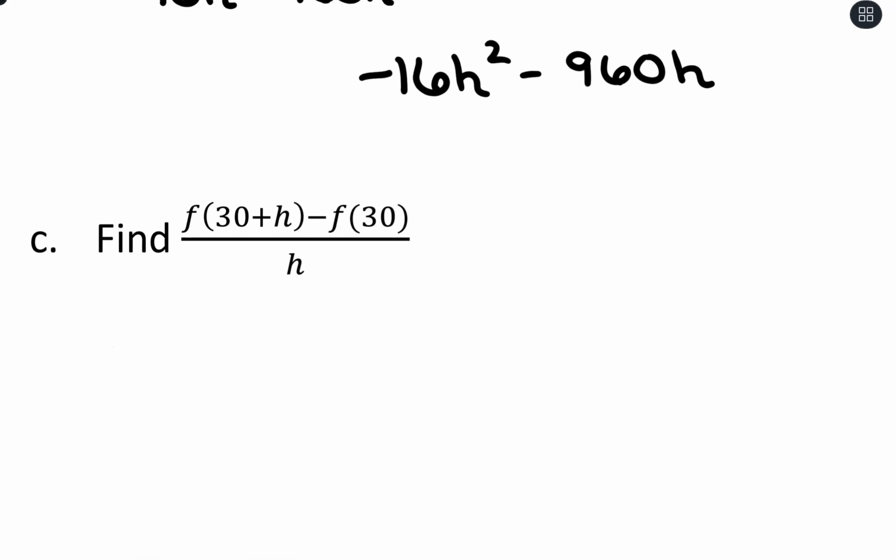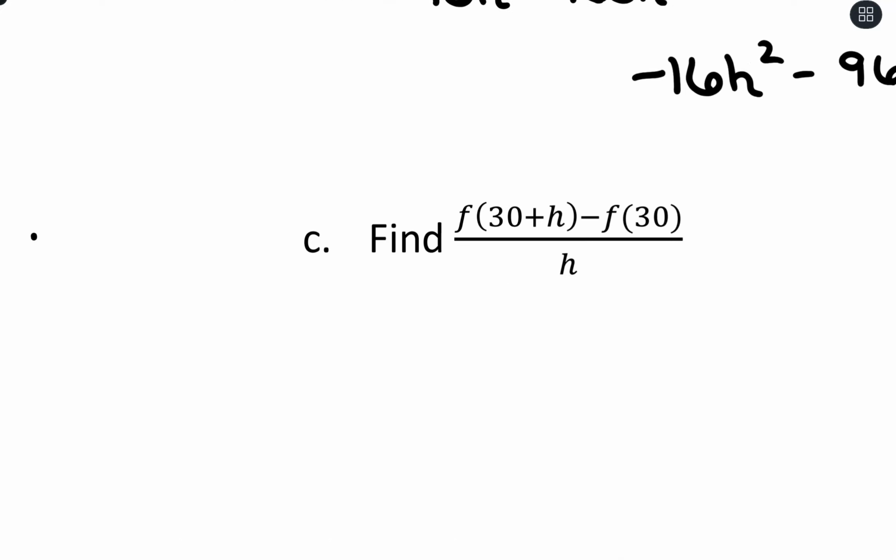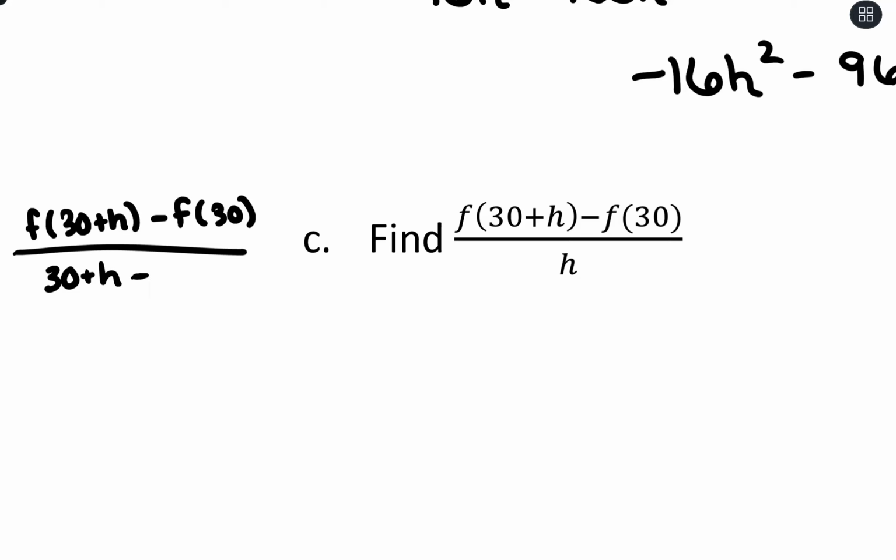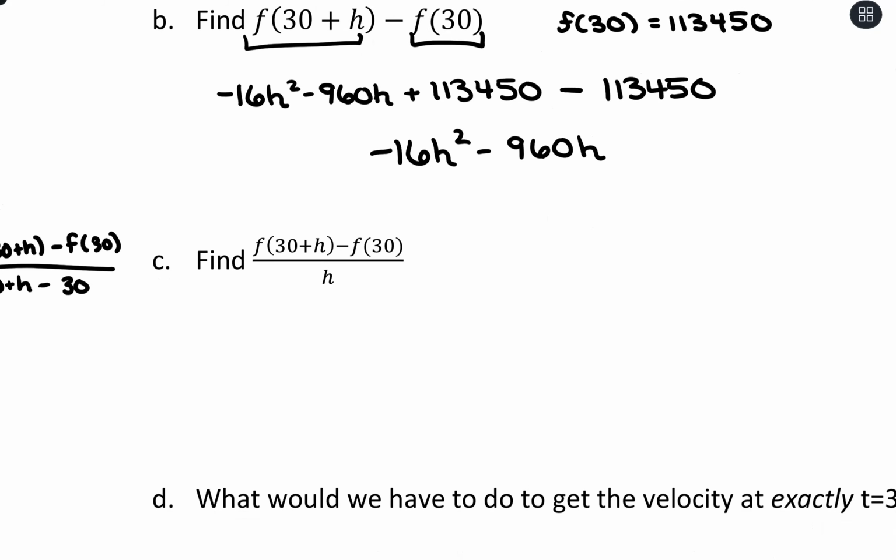So to make this a rate of change, if we divide by h, again, that's coming from our average velocity or average rate of change formula, where we would be taking the difference in the outputs over the difference in the inputs. It's just that when we simplify that denominator, all we're going to have left is h. So we just found what the difference is. The difference is that negative 16h squared minus 960h. So what happens if we divide by h? Well, h is going to cancel with each of those terms.